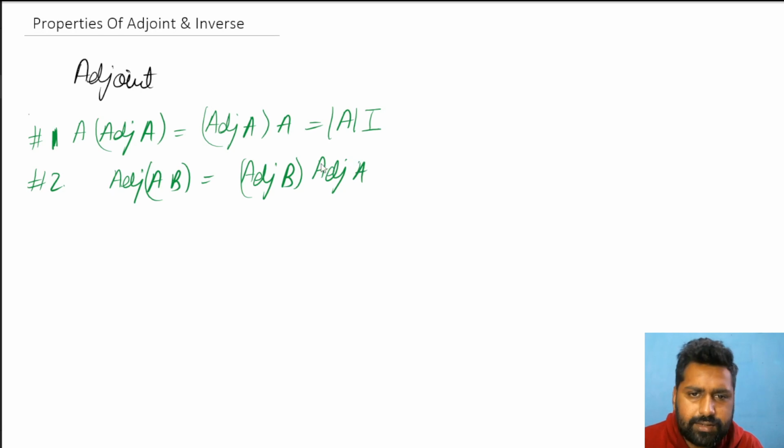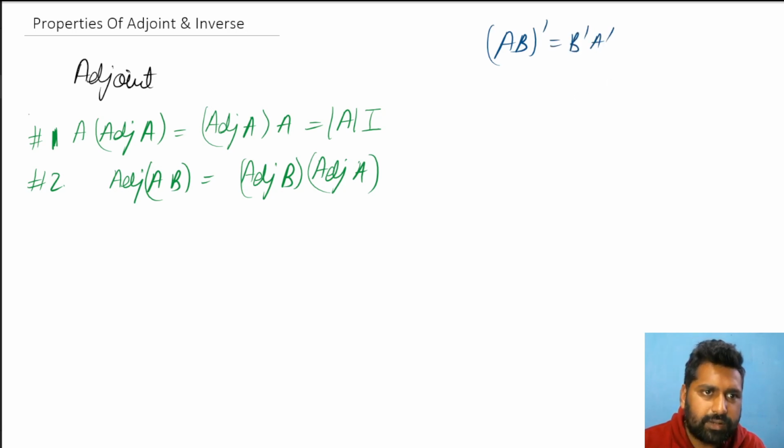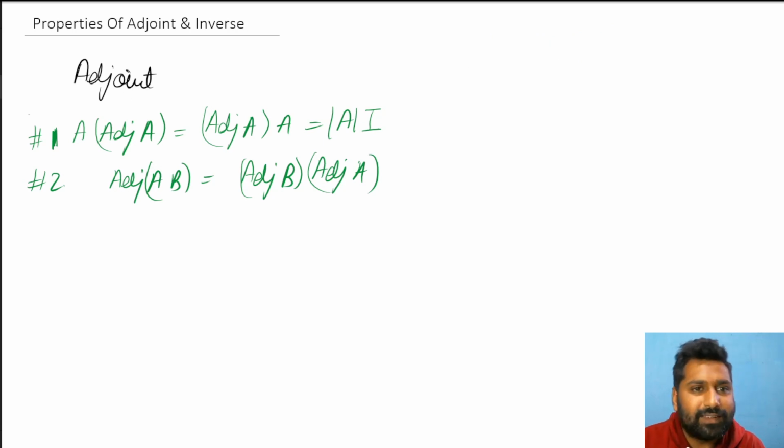You can, it's just that you have to reverse the order, and this is pretty much the same idea that we discussed in transpose also, like AB transpose. We learned that during multiplication if you want to split even the transpose, you have to change the order. So same thing pretty much here. And same thing will be happening in the inverse also.